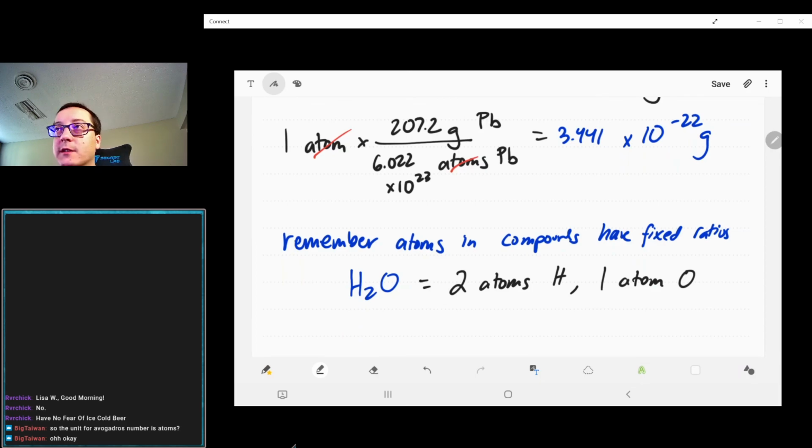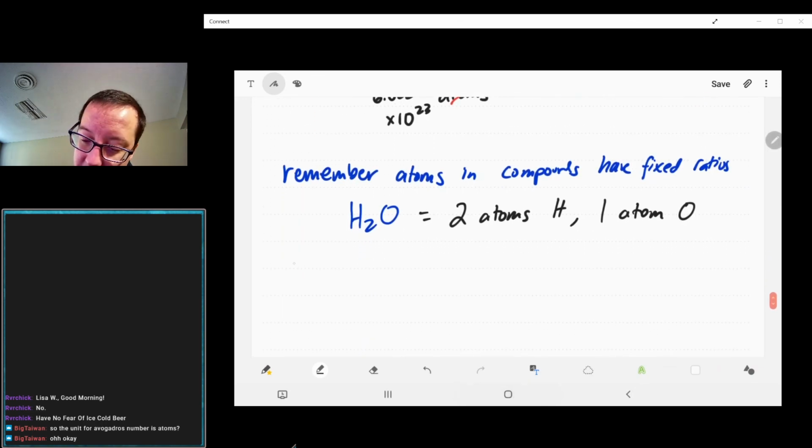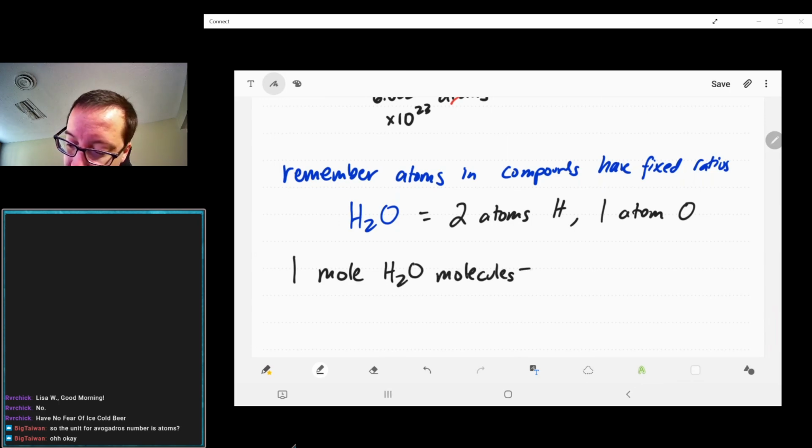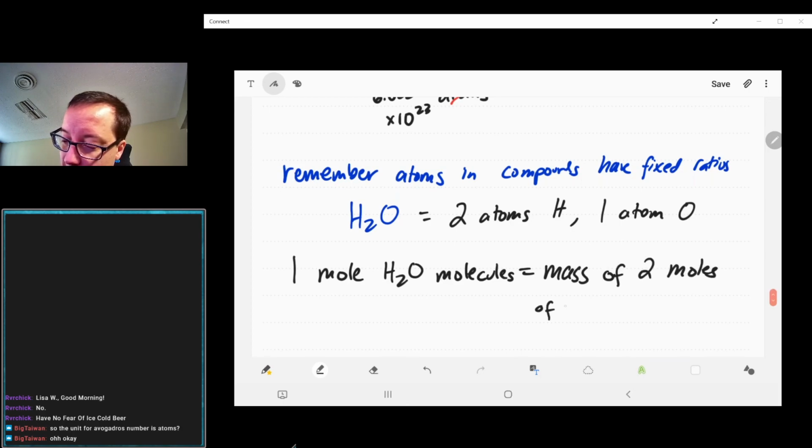We can also apply this idea of atomic mass to compounds by adding up the mass of all the elements there. We could see that 1 mole of water molecules would equal the mass of 2 moles of hydrogen plus 1 mole of oxygen. Right?